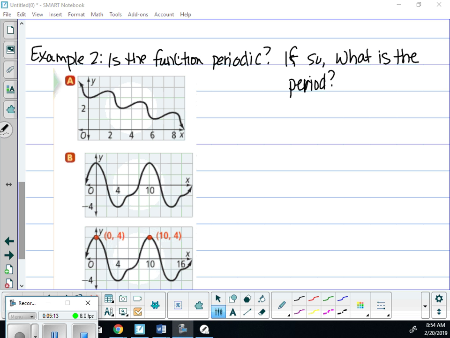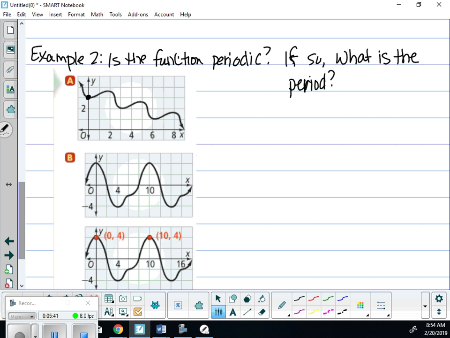So if you look at the graph in A, we have a nice squiggly line that seems to basically squiggle in the same pattern over and over again. Is it periodic? The answer to this one is no. The reason is we're starting at 3 right here.